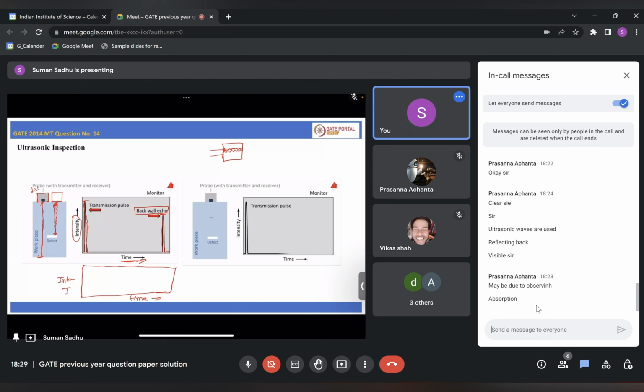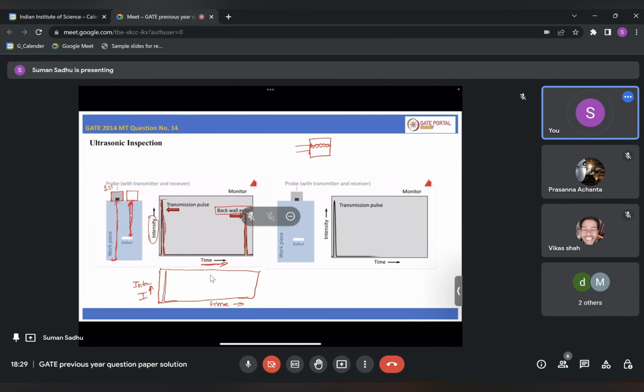Let's write I. So one peak you will get because of the transmitted signal, and another peak because of the reflection of the sound wave. At which location will you get that peak? Will it be at the same location here, or will it be on this side? Let's say this is 1, 2, 3. At which location will the peak be?